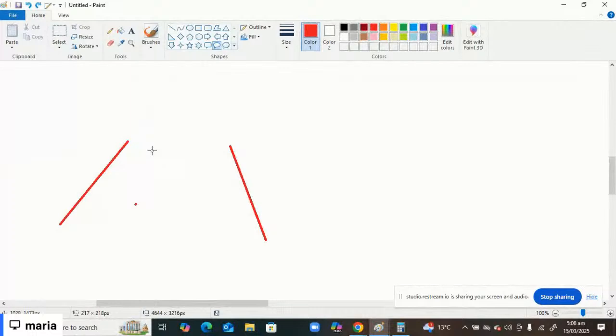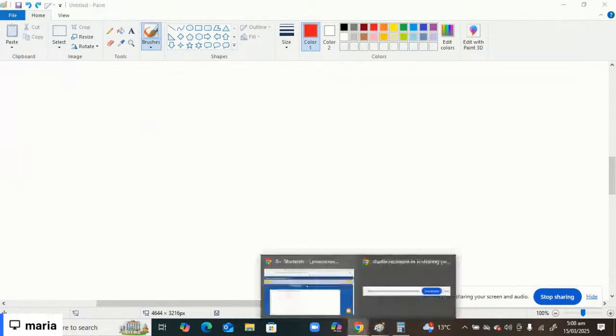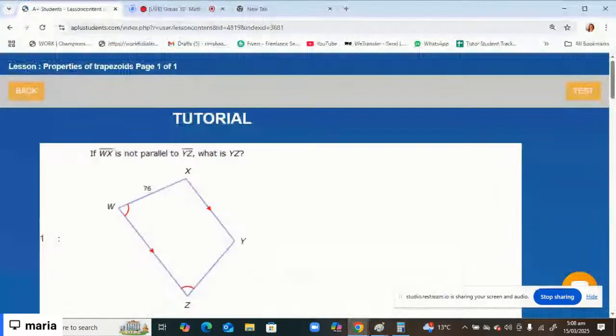Okay, if the lines are like in this way, maybe sometimes the lines are like in this way, maybe. Okay, so these are not parallel. So we can say that when in the question they're saying, as we can see, W X and Y Z are not parallel.